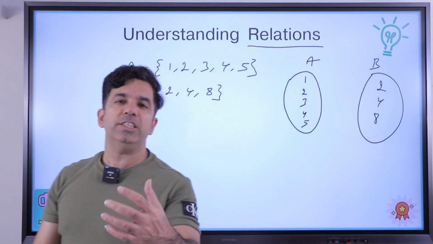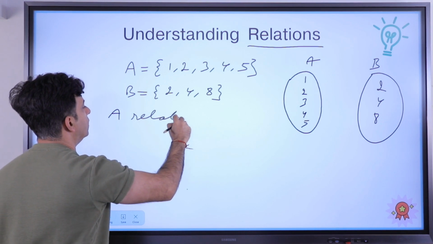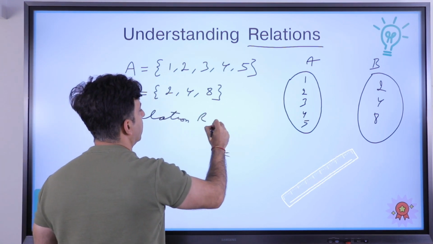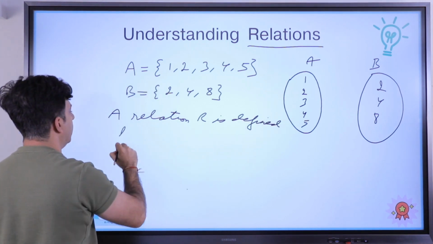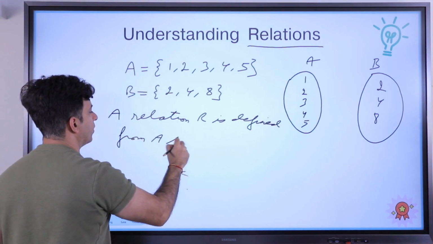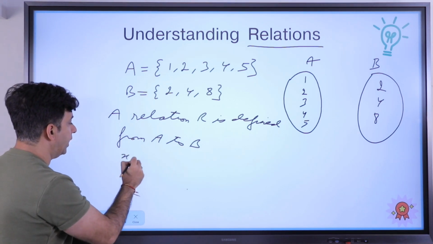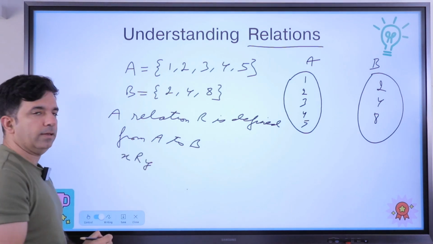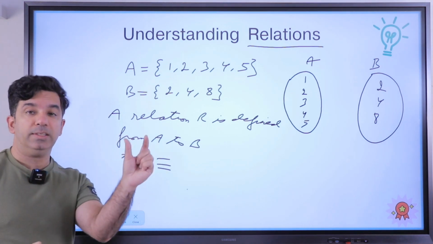Now let's say our relation R is defined from A to B, and it would be represented in this manner: x R y.